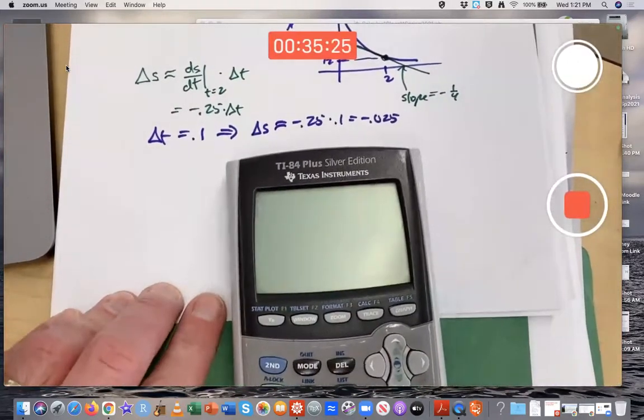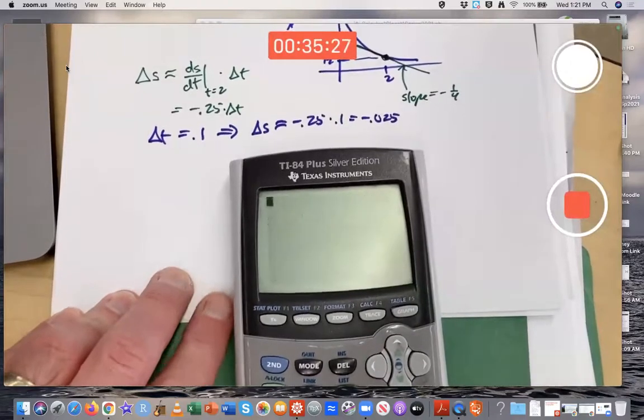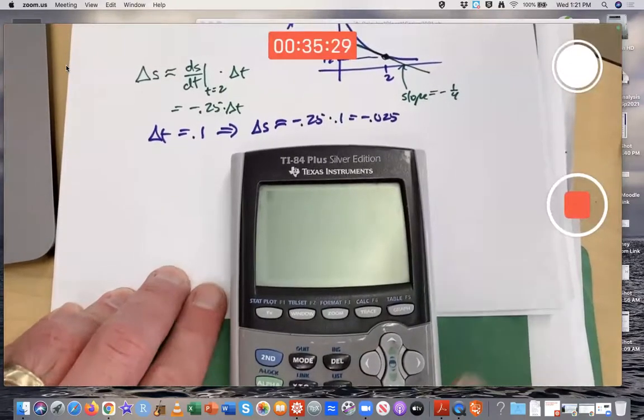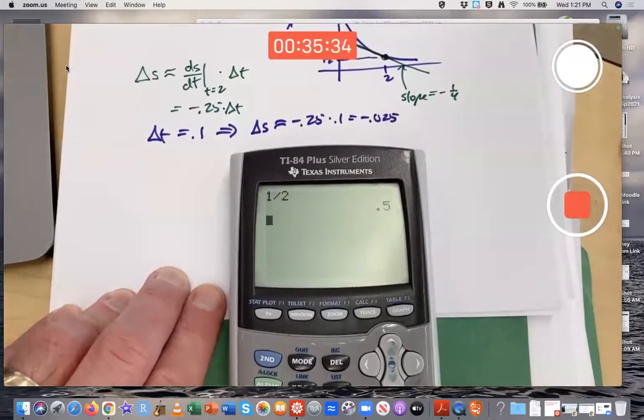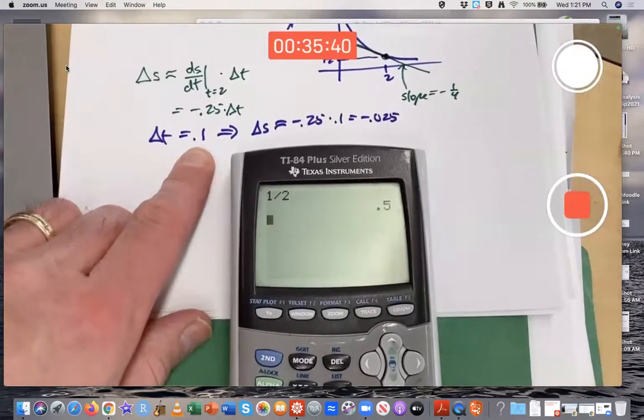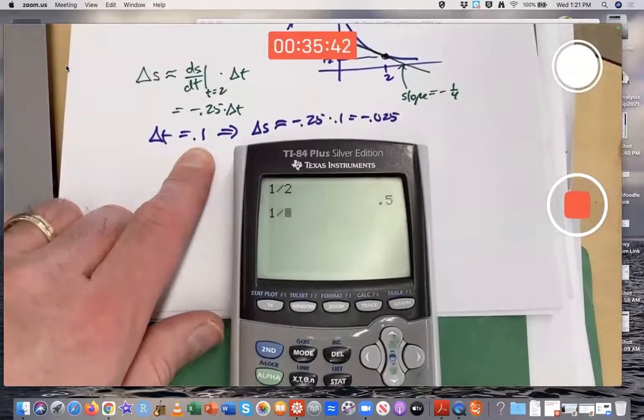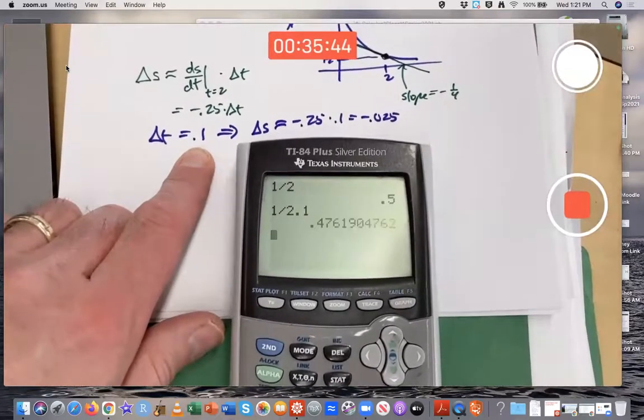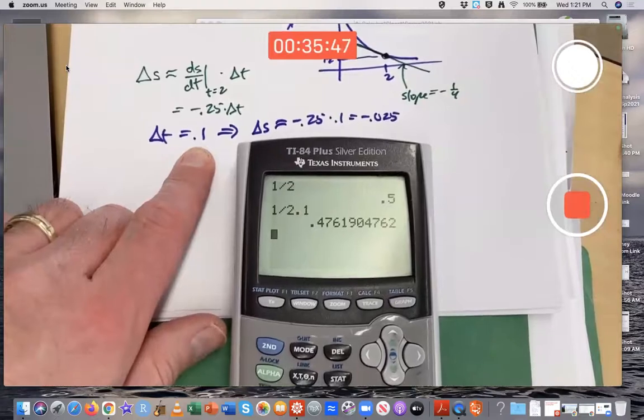The value of the position at time 2 is 1/2, 0.5. The position at time 0.1 seconds later is 1 divided by 2.1. What's the change?